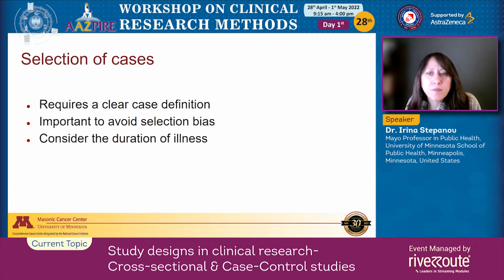And in addition, if disease has been present for a long period of time, then exposure to risk factors that happen before the disease development may be harder to ascertain, especially if this assessment depends on people's memories, like in just personal recall. So the duration is important for many different reasons.